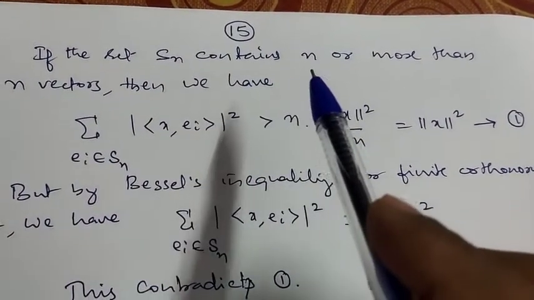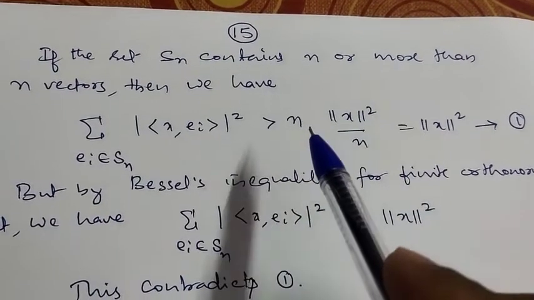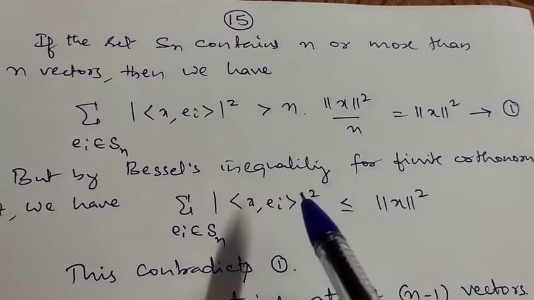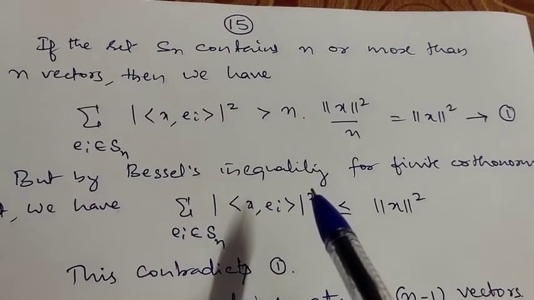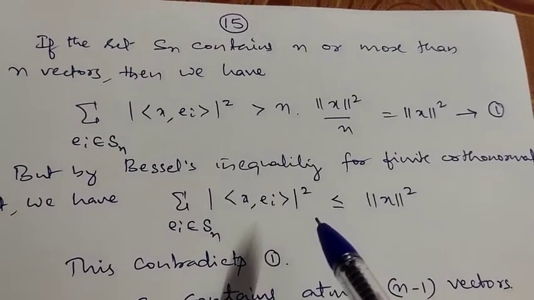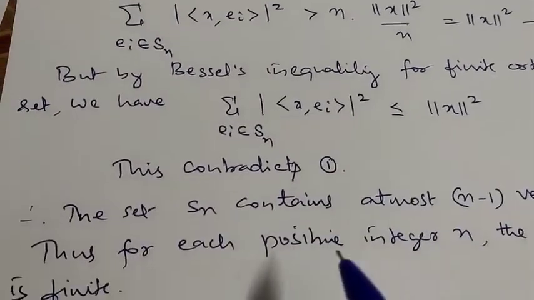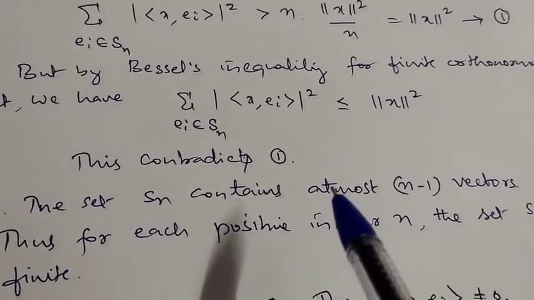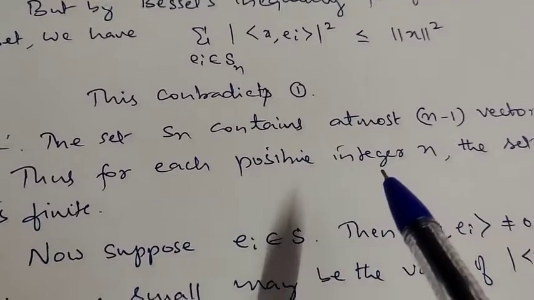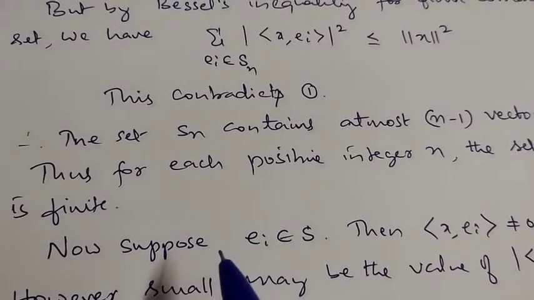If the set S_n contains n or more than n vectors, then it leads to a contradiction. Therefore, the set S_n contains maximum n minus 1 vectors, which means for each n the set S_n is finite. Thus for each positive integer n, the set S_n is finite.